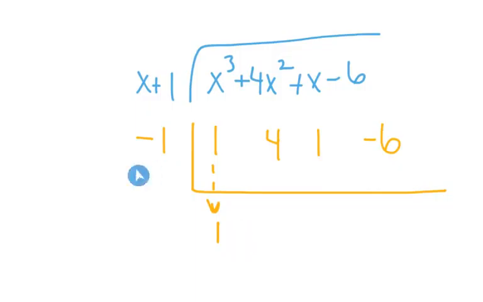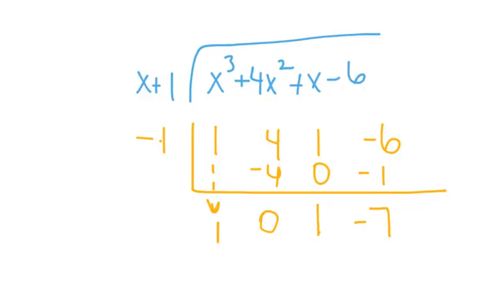So we have 1 times a negative 1 gives us negative 1. Negative 1 plus a 4 is 3. 3 times negative 1 is negative 3. 1 plus negative 3 is negative 2. Negative 2 times negative 1 is 2, and when we add those together, we get negative 4. So what term do I start with?